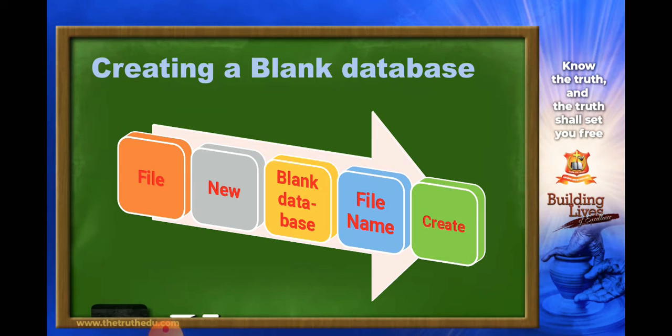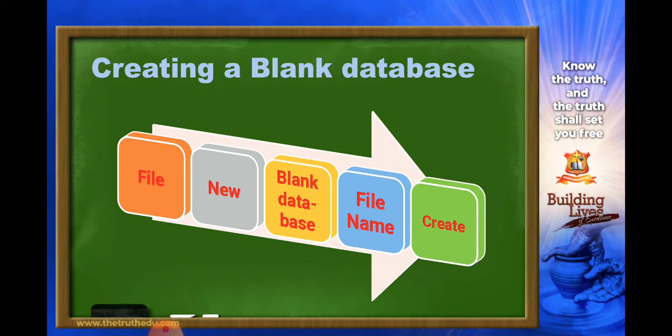Now if you have to create a blank database, what are the steps we will be following? The first is we click on the File tab in MS Access. The moment you open MS Access, you provide the file name to it. You click on File, you click the New option, and then you get a Blank Database option under the available templates.